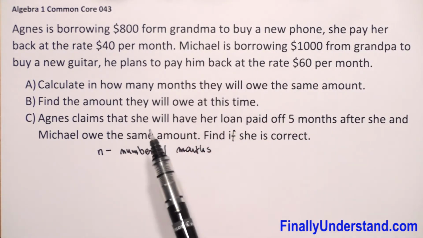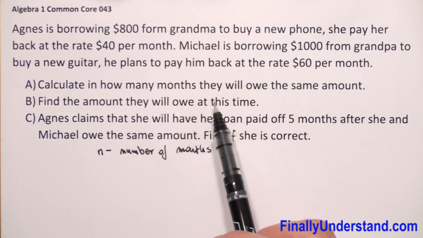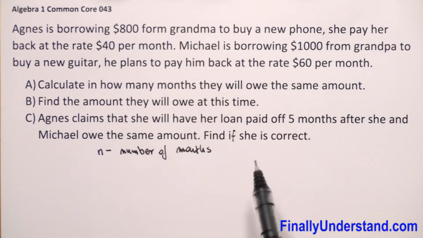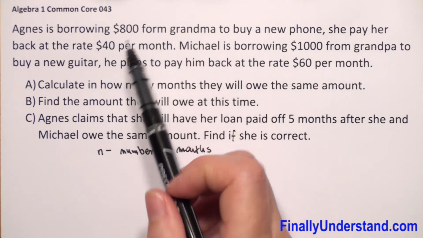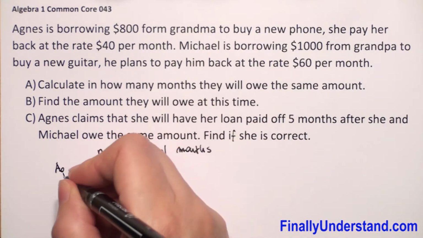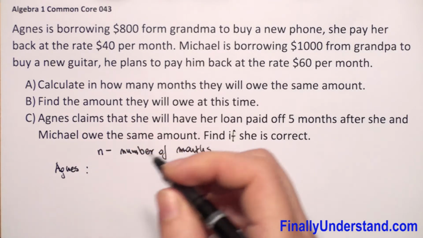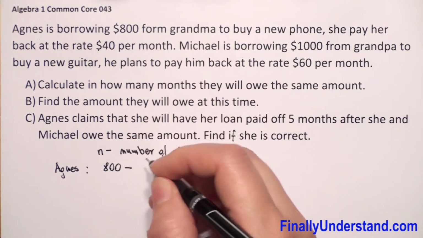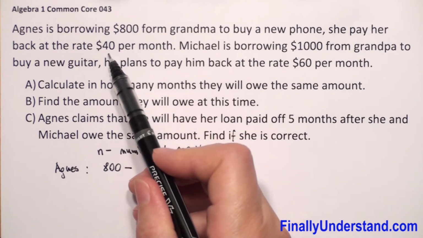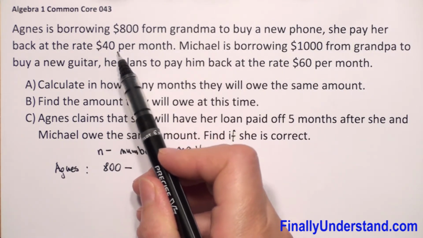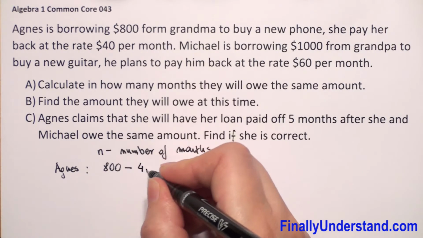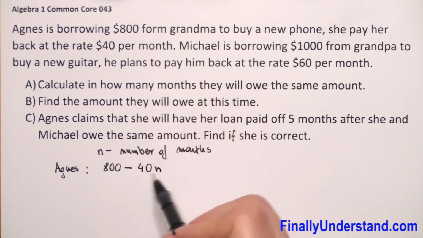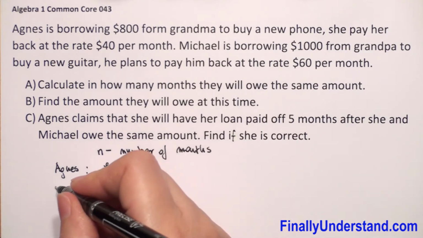For Agnes, let's write: from $800 we have to subtract, because she pays $40 per month, so 40 times the number of months. This will be the amount of Agnes.